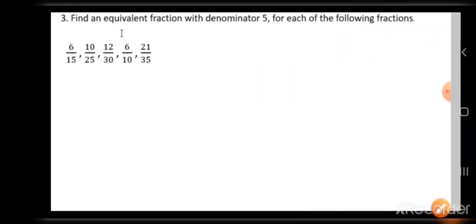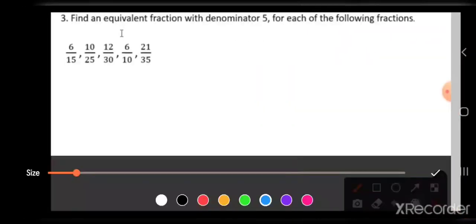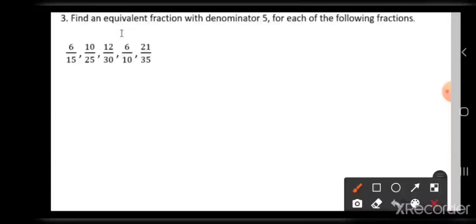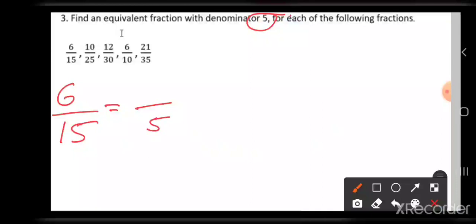Next question. Question number 3. Find an equivalent fraction with denominator 5 for each of the following fractions. Here we want the number 5 in the denominator. Question number 1. 6 upon 15 is equal to dash upon 5.